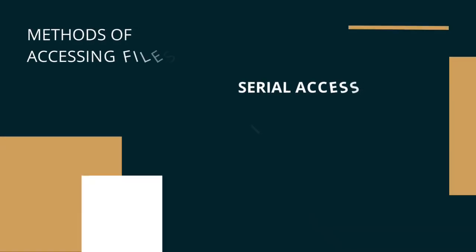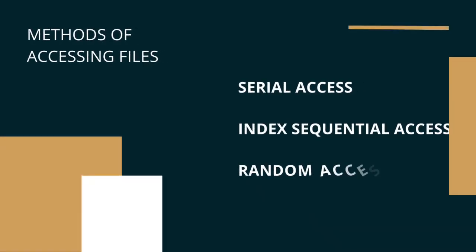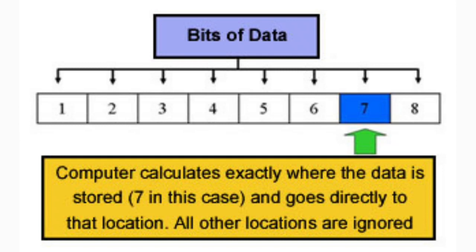Now the methods of accessing file: we have serial access, random access, and sequential access. All of these are ways in which files are accessed. You can access a file serially by checking them in the order in which they were entered into the disk.